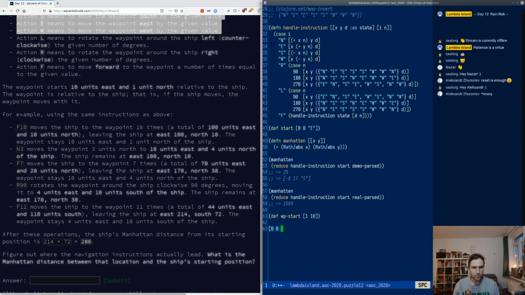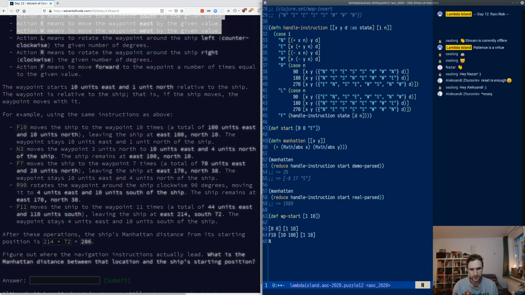We start with the ship here and the waypoint here. Now we process F10. We apply this vector 10 times to our current position, or we add 10 times this vector to our current position. So we're at 10, 100. East no longer really matters. The waypoint has not moved. It's still at 110.